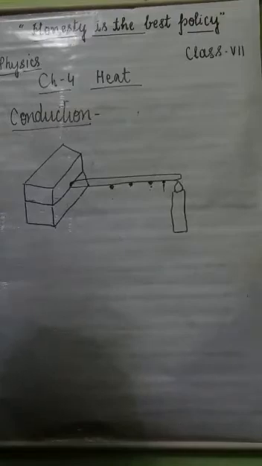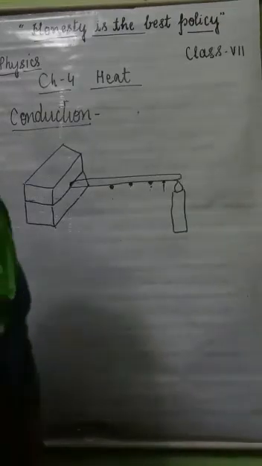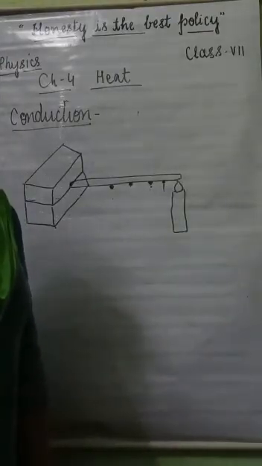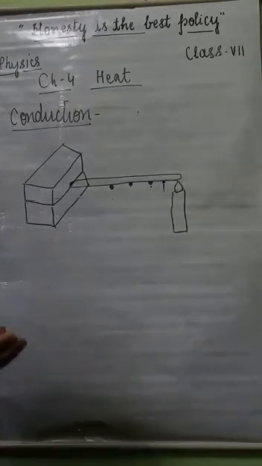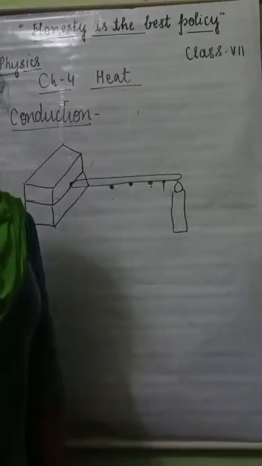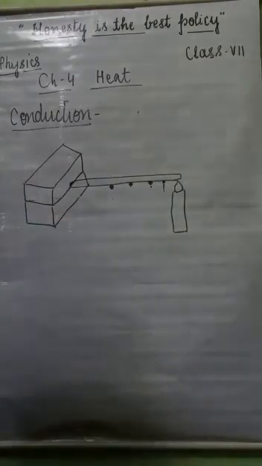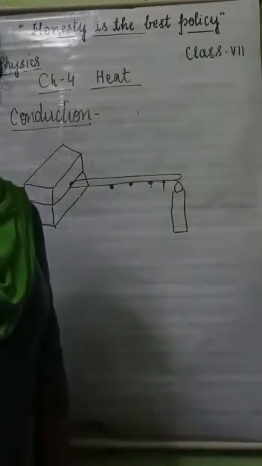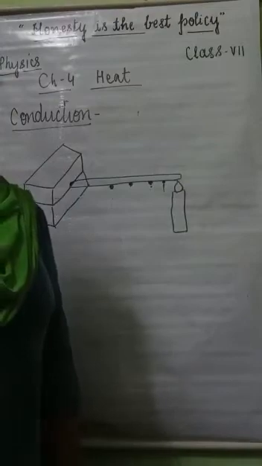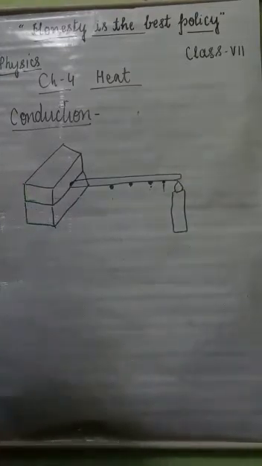As you have seen, the handles of utensils are made up of plastic, because when we put a utensil on the flame, it becomes hot, and plastic does not conduct heat, so we can handle the utensil easily. So the handle made of plastic is an insulator, and the utensil made of metal is a conductor.